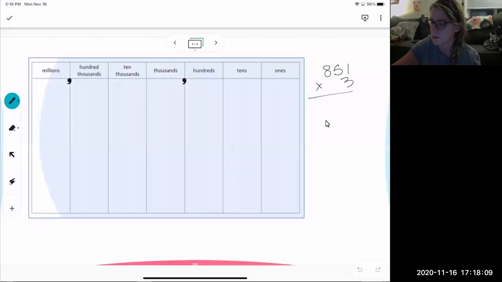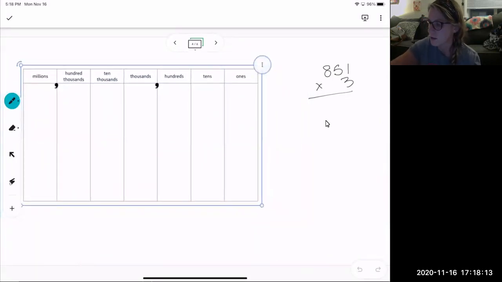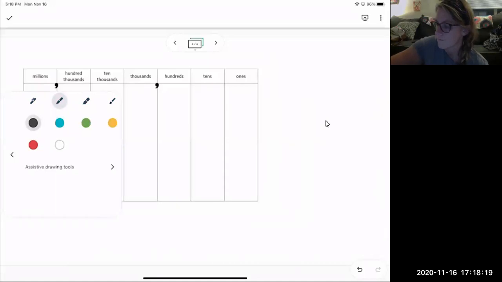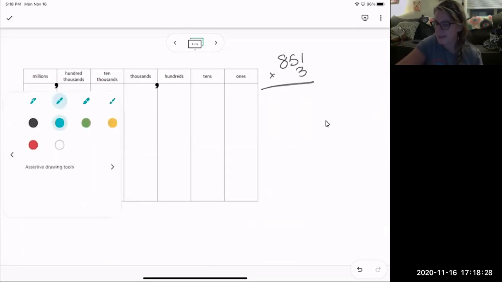And actually, I'm going to make this a little smaller. Okay, hopefully that gives us a little bit more space.